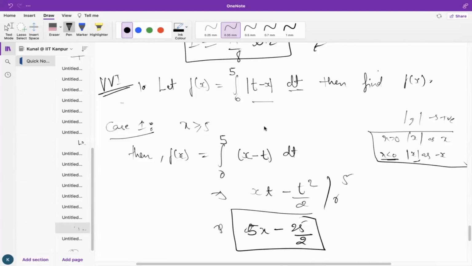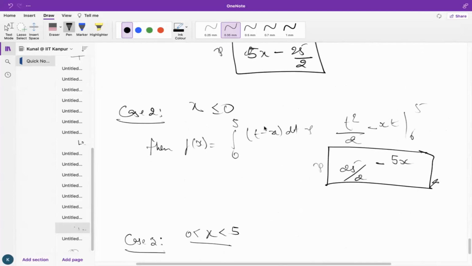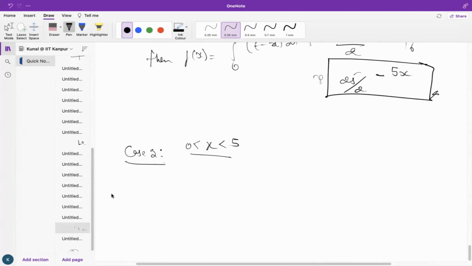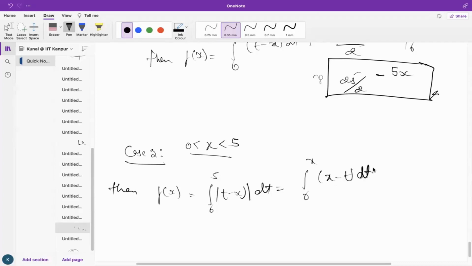So what I have to do here is some manipulation. Then f(x) will be written as the integral from 0 to 5 of |t minus x| dt. We first integrate from 0 to x, where it is negative, so I write x minus t dt.